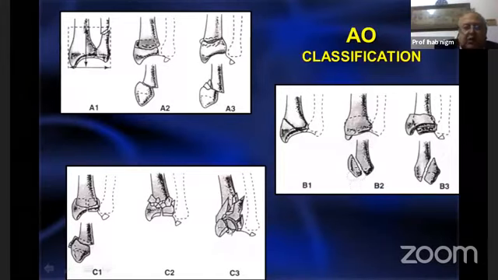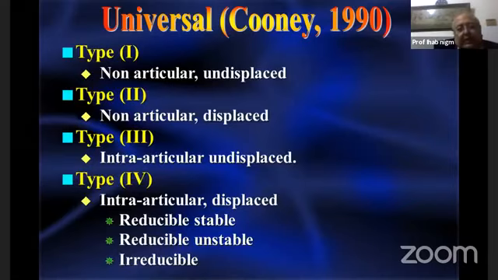The universal classification, Cooney 1990, type 1 is non-articular, undisplaced. Type 2 is non-articular, displaced. Type 3 is intra-articular, undisplaced. Type 4 is intra-articular, displaced, which may be reducible, stable, reducible, unstable, or irreducible.